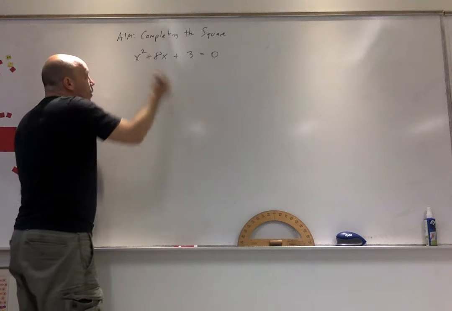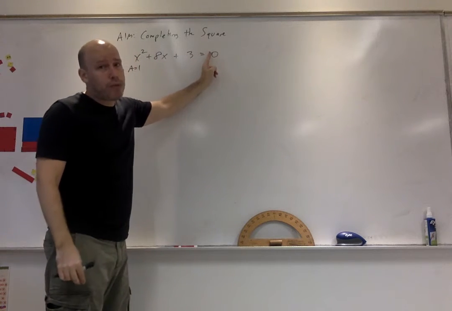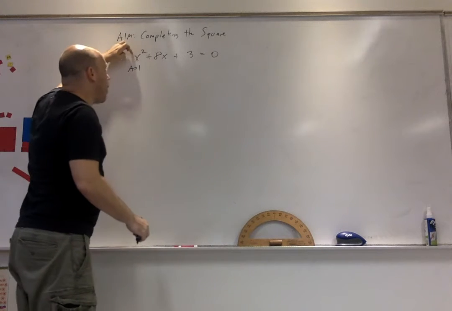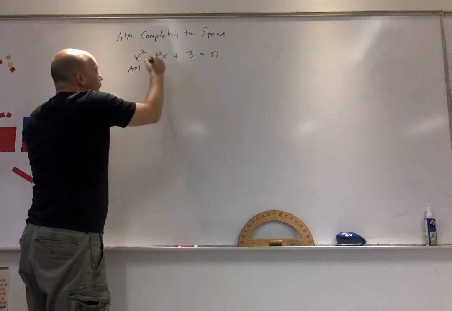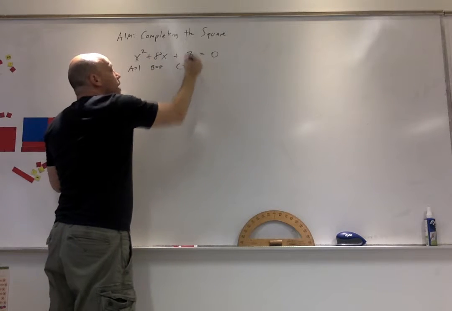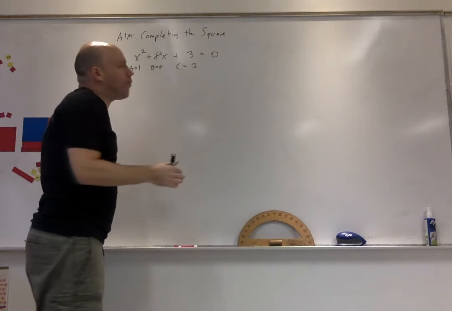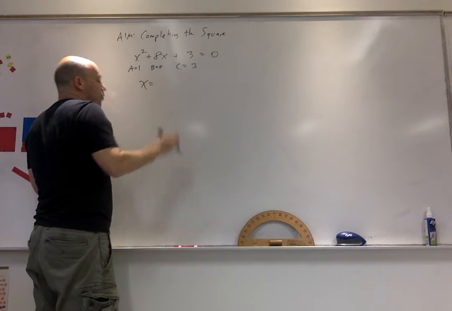And for the quadratic formula, you set the equation equal to 0, and then you look for the coefficients a, b, and c. a is 1, b is 8, and c is 3. Then you plug the numbers into the formula. So you say x equals, and what's the formula?